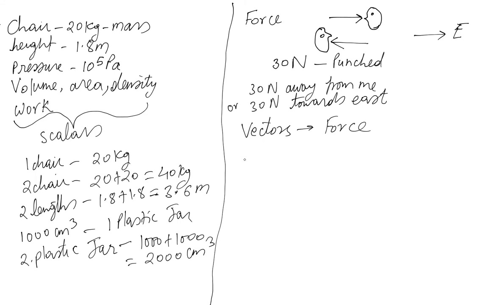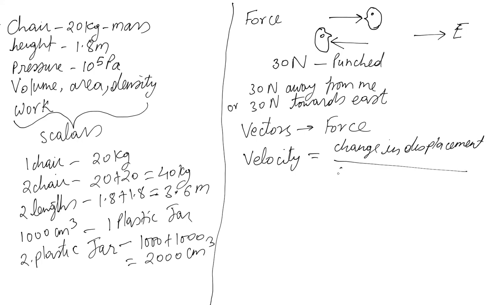Let's take another example. Let's say one more example is velocity. What is velocity? We have read that velocity is change in displacement divided by change in time. Now displacement is brother of distance, but displacement has a certain direction.